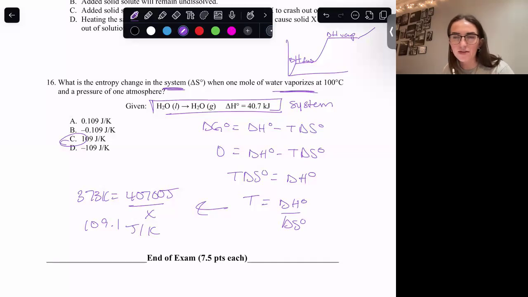In terms of absolute value, I think you just need to know that for temperature, right? Absolute 0 is 0 degrees Kelvin, and that's when no entropy exists, no motion exists, all of that. Still nothing.